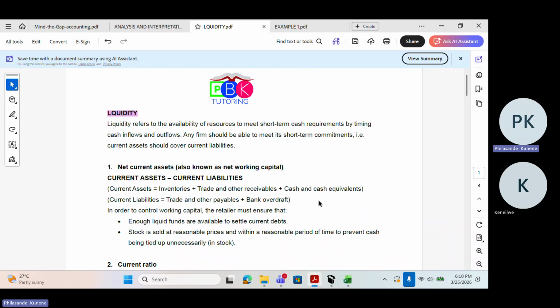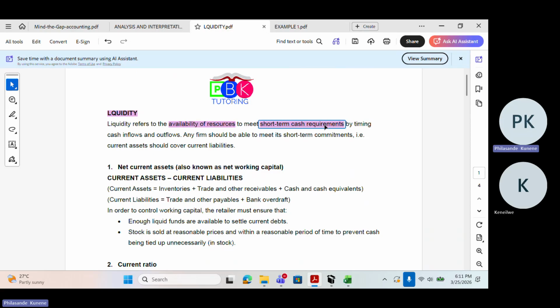Okay, when we spoke about liquidity before, we said liquidity refers to the availability of resources to meet short-term cash requirements by timing cash inflows and outflows, right? The availability of resources means: do we have enough resources for us to be able to meet our short-term cash requirements?